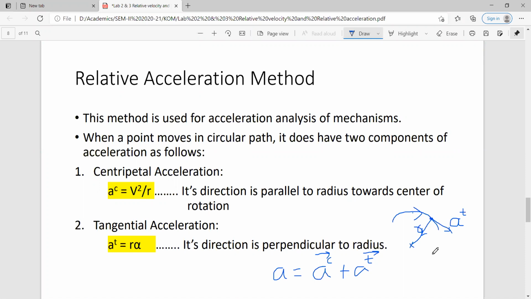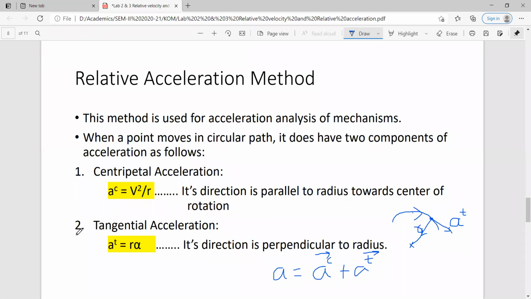So centripetal acceleration will act along the radius, and the tangential component will act perpendicular to the radius. In this way, you can say that centripetal acceleration is perpendicular to tangential acceleration. When you add these two components, you get the total acceleration of the point.